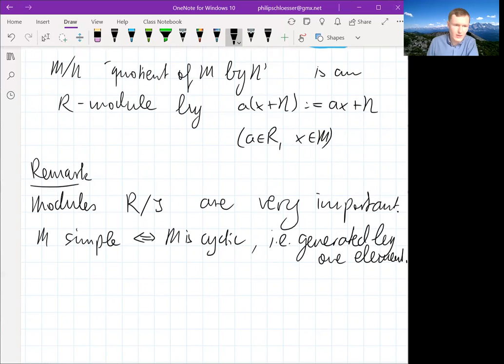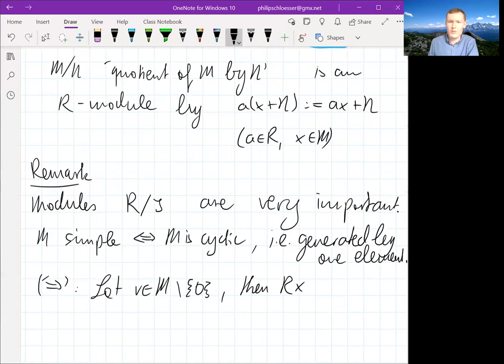The reason being, if M is simple, then we can just take an element v, and let's say it should not be 0. Then we can consider everything we get if we multiply our element by every element in R. This thing, RV, is a submodule.